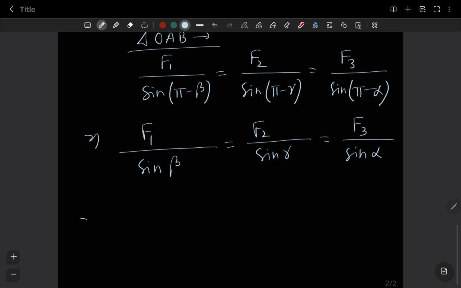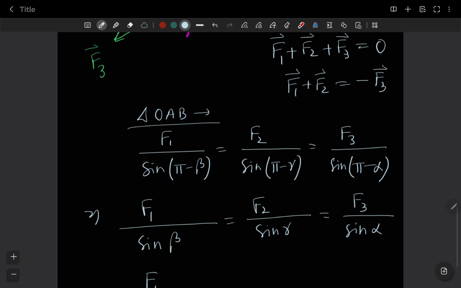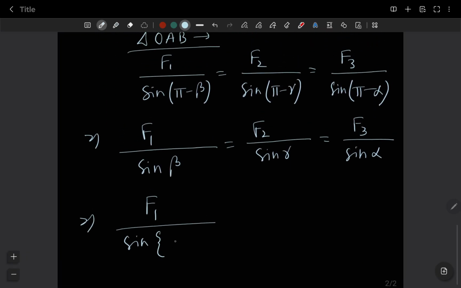Now you see, beta is the angle between F2 and F3. So we will write it like this: this notation denotes the angle between F2 and F3, that is beta.